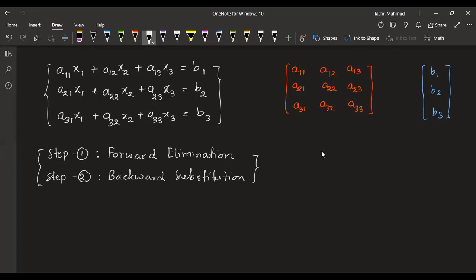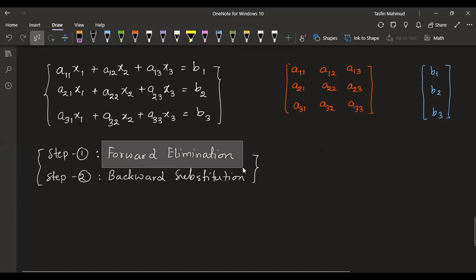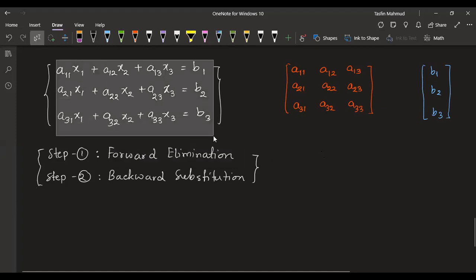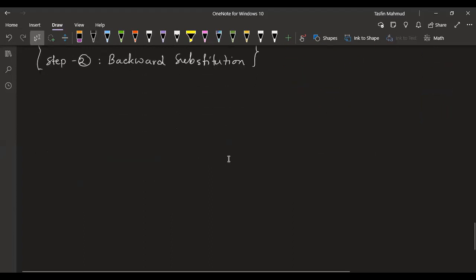The forward elimination is exactly the same as what you have done in Math 216, for those of you who have done it. I'm just going to explain it in a different way. As the name suggests, forward elimination. As we have three equations here, first we are going to discuss forward elimination.